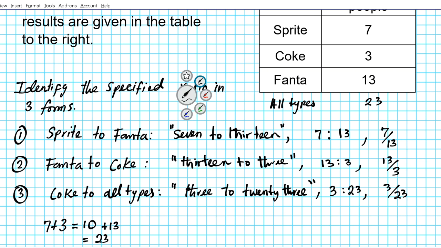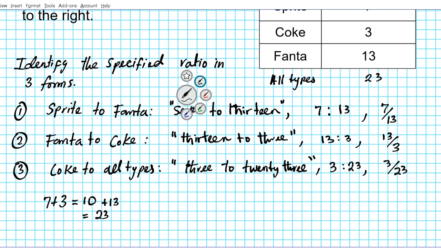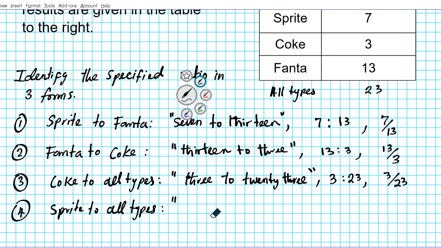All right, let's take a look at another example. What if we were to write down the ratio of Sprites to all types? What would that be? So for Sprites to all types, it's going to be the number of Sprite, which is, let's see, what's the number of Sprite? 7. So in word form, it's going to be 7 to the number of all types.